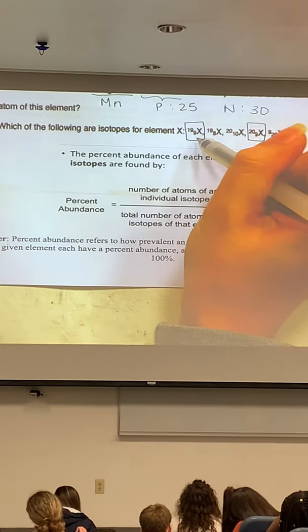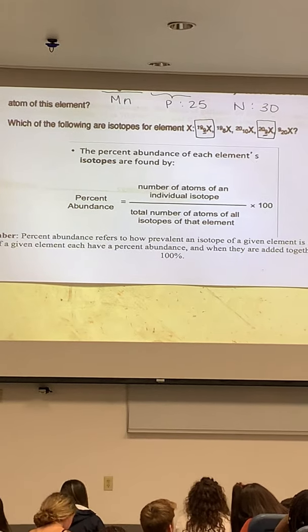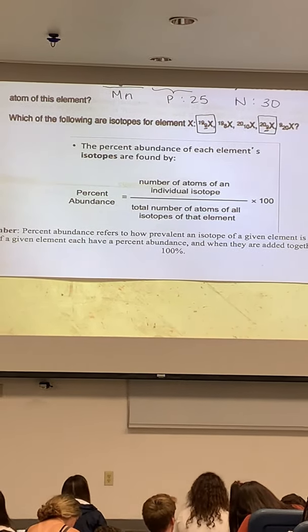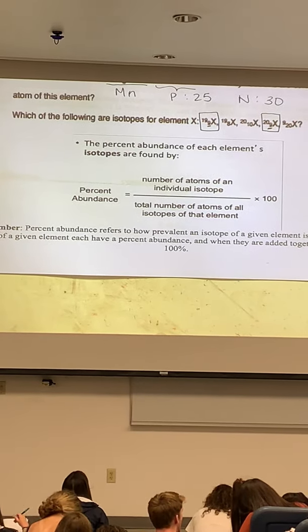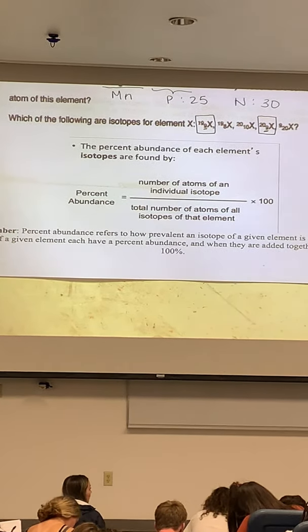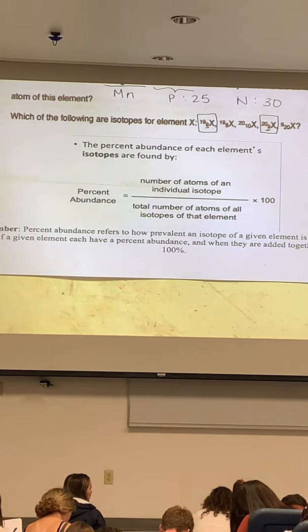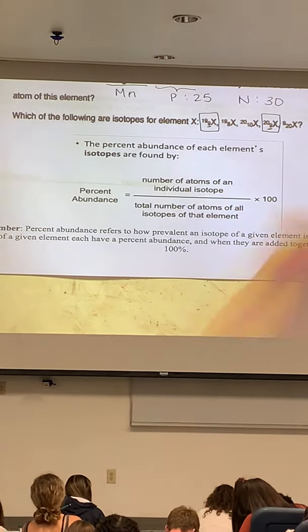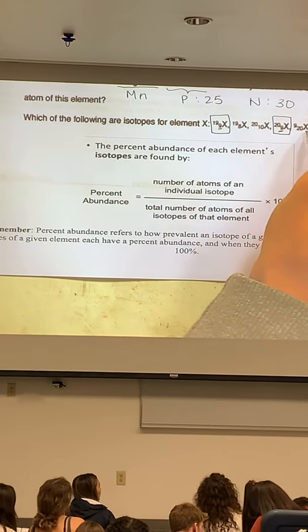And then if you look down here, what did we say this number on the bottom was? The number of protons. Are those going to be the same or different? If we're talking about the same element, they should be the same number. So the key here was to look for the same number of protons, but different numbers for the mass. Notice how 9 up here and 20 down here.